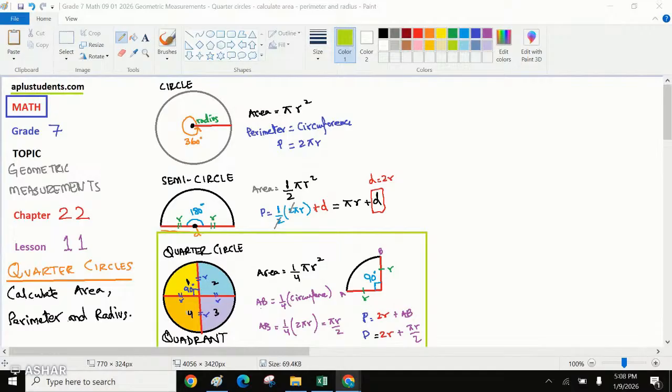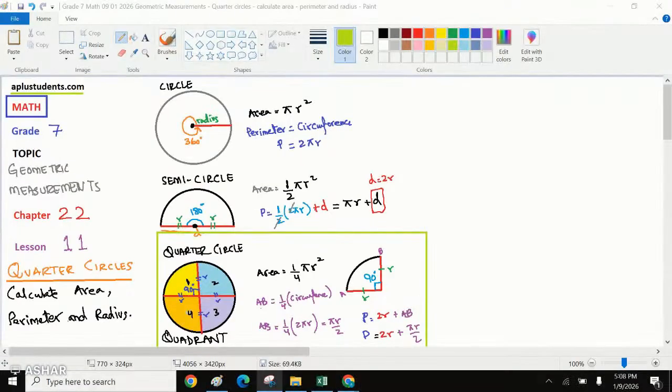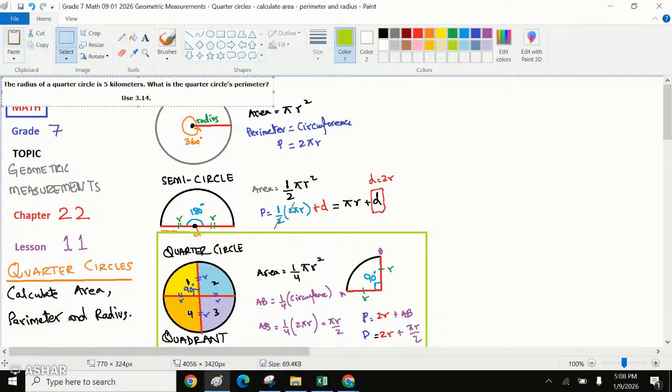So let's try some questions. Sorry, 1 minute, please. Let me just copy this question. The radius of a quarter circle is this, and find the perimeter. Moving ahead with the first question.